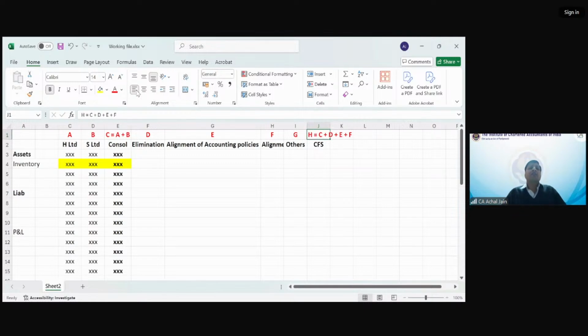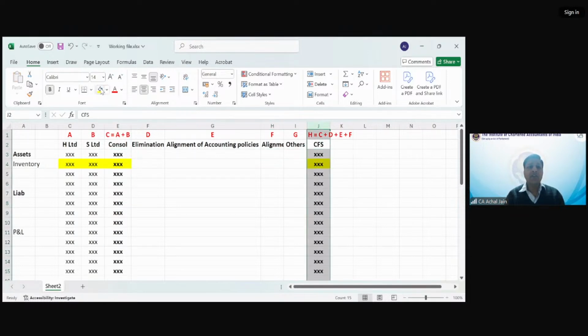Because some of the adjustments may require reduction, some may require addition. Once you do all of these adjustments, that is when you will get this column, which is going to be the final column for us, wherein your consolidated balance sheet and consolidated P&L are ready.